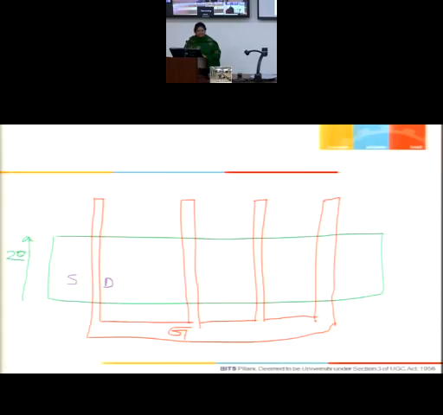Now drain has to be common for these 2 fingers. So this must also be the drain for the second finger. So this is my first finger, this is my second finger, this is my third finger, and this is my fourth finger. If this is a drain for the second MOS, this must be the source. So this must be the source, third finger also. This must be the drain for the fourth finger. This must be the source.